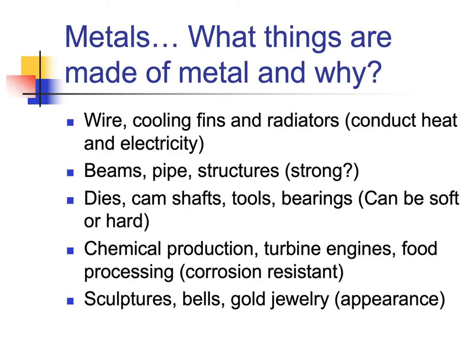So why do we make things out of metals? Well, they have special properties that other materials don't have in some cases. So one thing is they conduct heat and electricity. So we can make electrical wire, radiators, cooling fins on radiators, things like that.